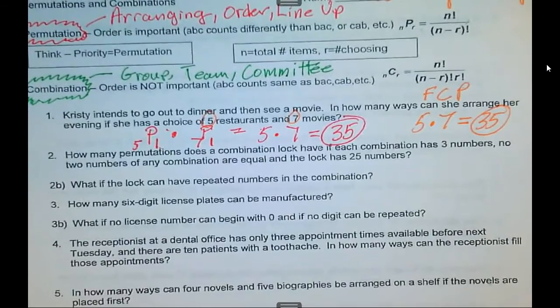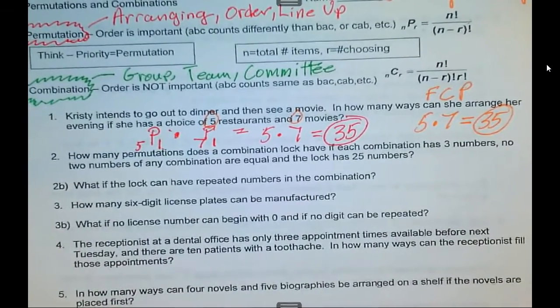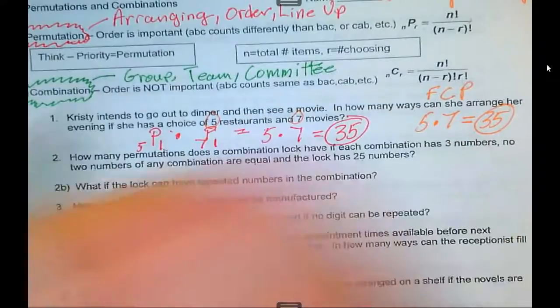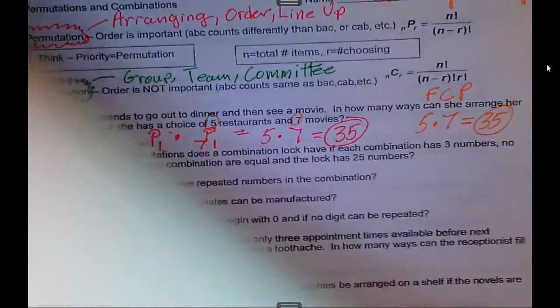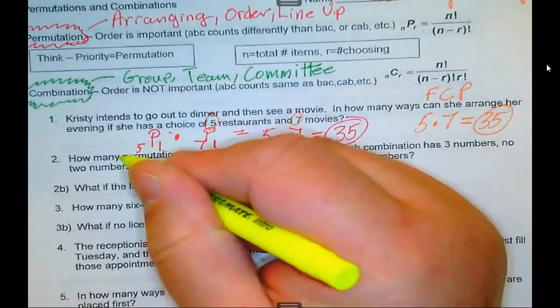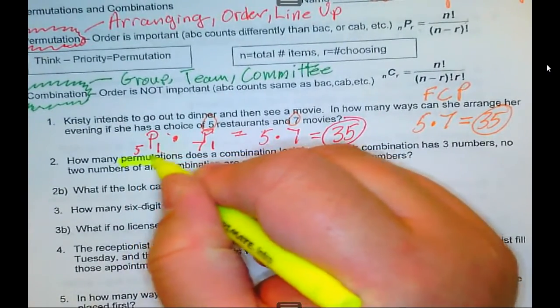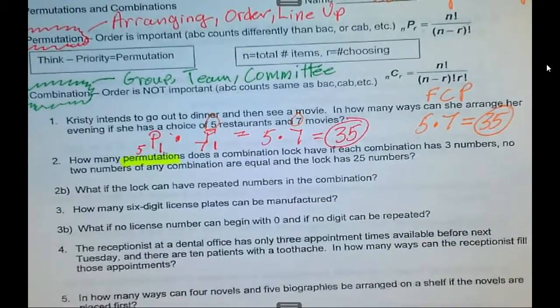All right, number 2. We didn't even have to figure out what this was because it said how many permutations, so we know that this was a permutation.